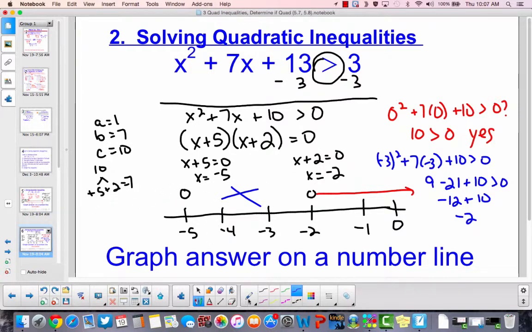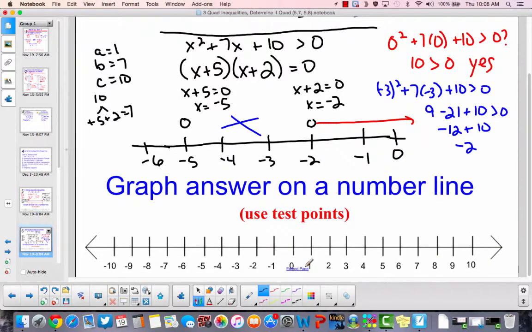Now we have to pick something less than negative 5. So the easiest thing to pick there would be a negative 6. So let's try negative 6. And I'm going to give myself a little bit more space here. Oh, I've got a number line down there and I didn't remember it. That's all right. I'll go ahead and still graph it up here.